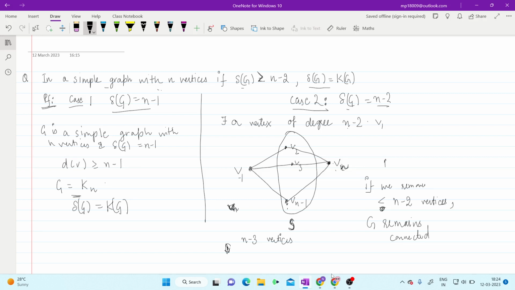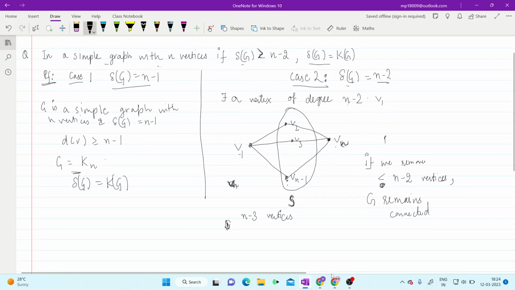These are n minus 2 vertices. So if we remove n minus 3 vertices, case 1 is that all those n minus 3 vertices come from this set S. Say W has n minus 3 vertices, and we have to show that G minus W is connected. If we show this, then we have shown that this graph has connectivity n minus 2.